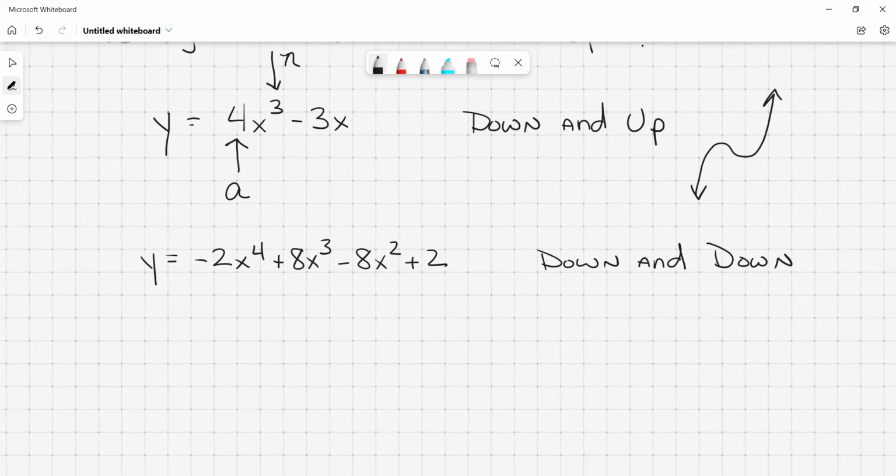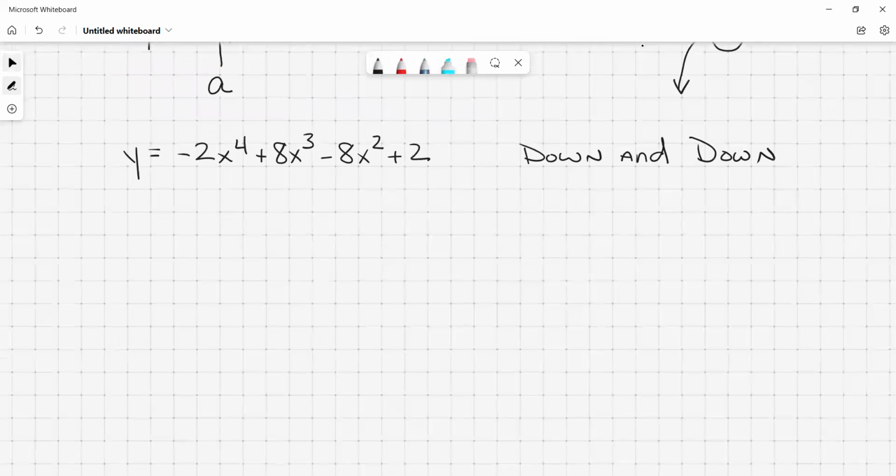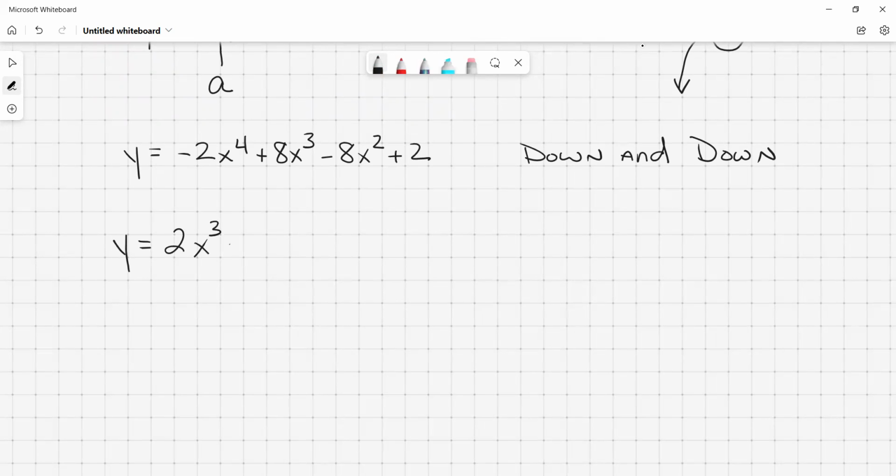So let's say if it was y equals negative 2x to the third, then the 8 first. If you're given this, let's say that y equals 2x to the third minus 7x to the fifth plus 6. You're going to use this as your leading term.